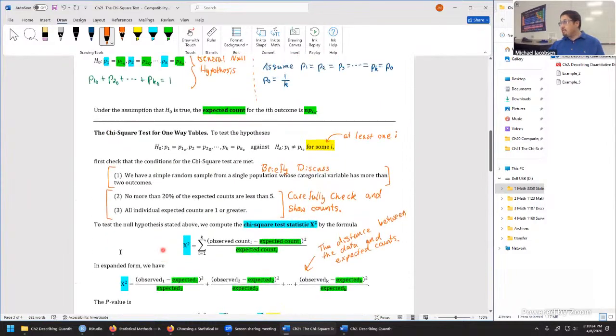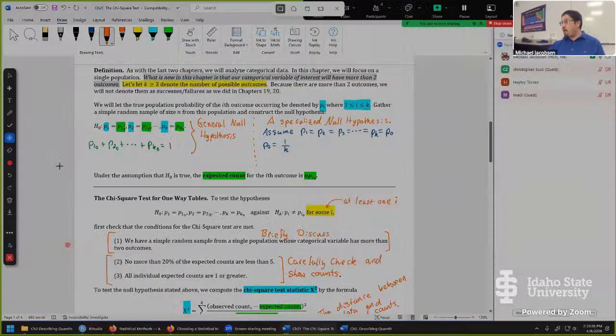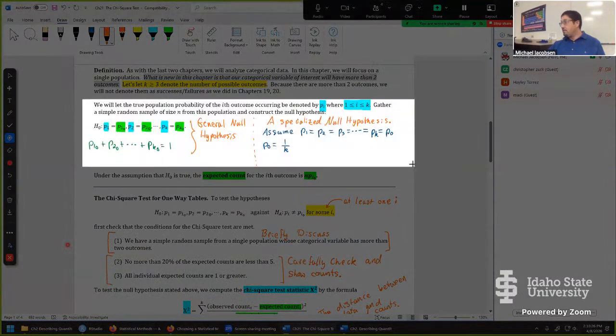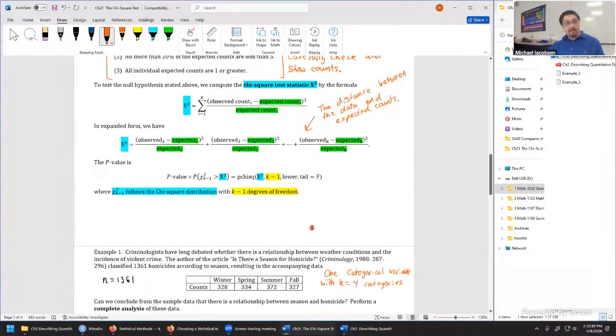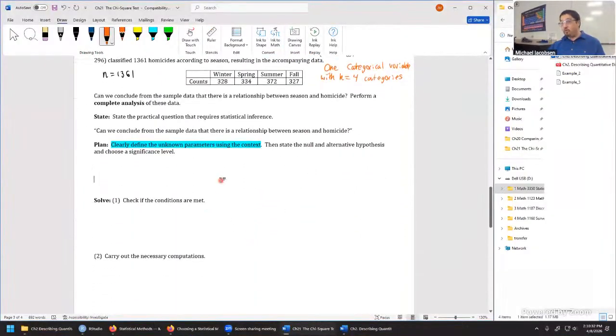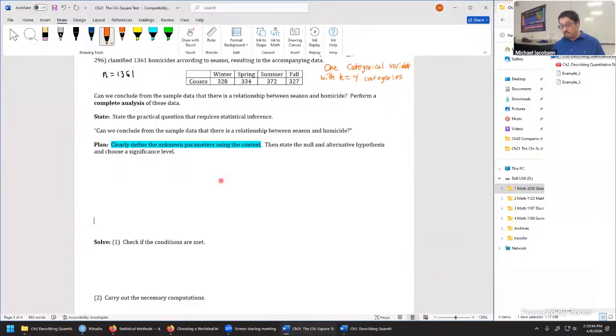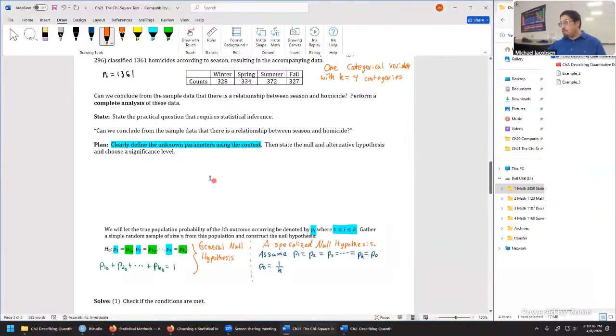So let's cite this part of the notes here to show how we're putting this all together. It's again a very different kind of landscape for the null and alternative hypothesis in this question. So what we're defining is the P1, P through PK.